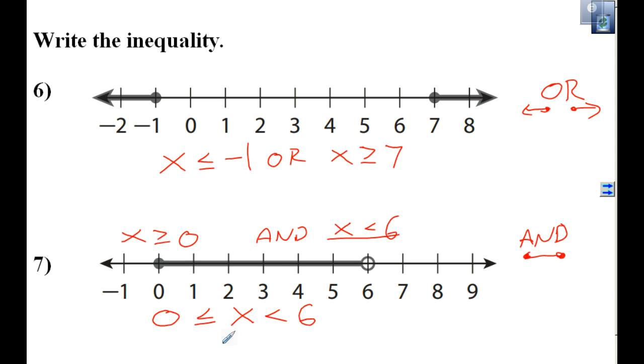So this means all the numbers x between 0 and 6. So we actually write it the way we say it. And we actually write the x between the 0 and the 6. And it means all the numbers between 0 and 6, including 0, solid dot, including 0, so less than or equal to, and open, strictly less than here.